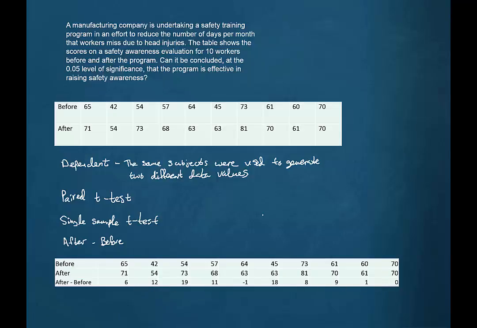So now let's think about what this t-test is going to look like. We specified our differences as after minus before. And the question was, is the program effective in raising safety awareness?